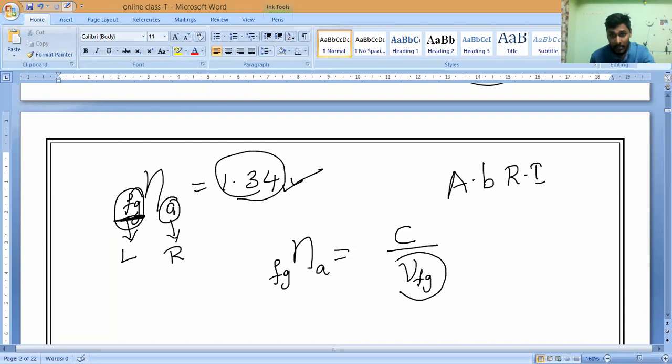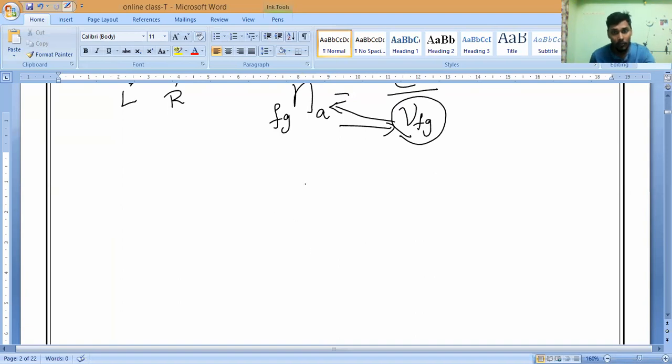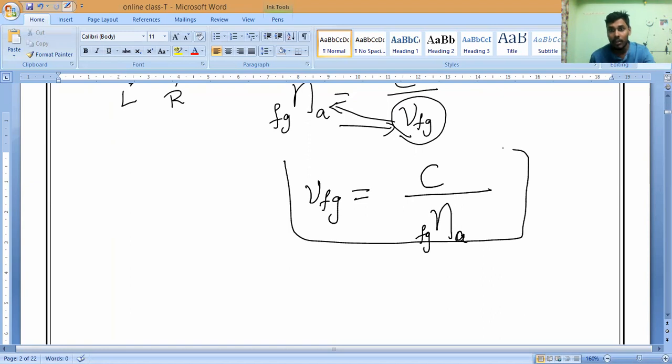Now they are asking for this one, so this one goes here and that one goes there. So the speed of light in flint glass equals the speed of light in air divided by the refractive index of flint glass. Do you understand, everybody? That's all. So this is the second way numericals are asked. This is the first method and the second method. In this one, they will ask you when they feel, yes, I don't want to torture the children.